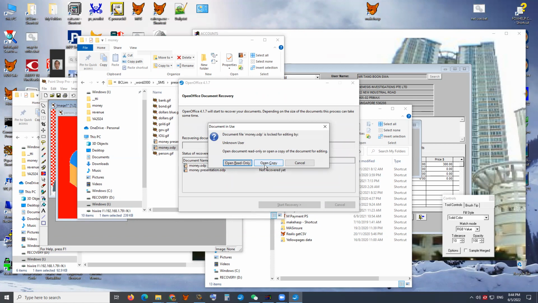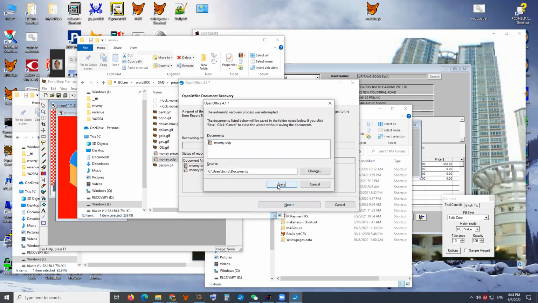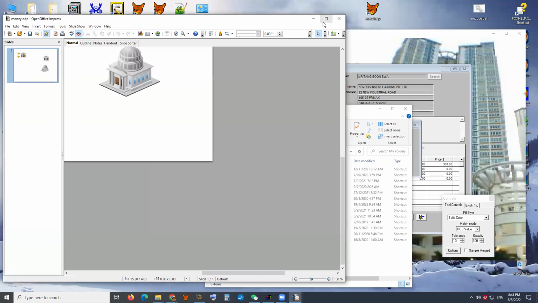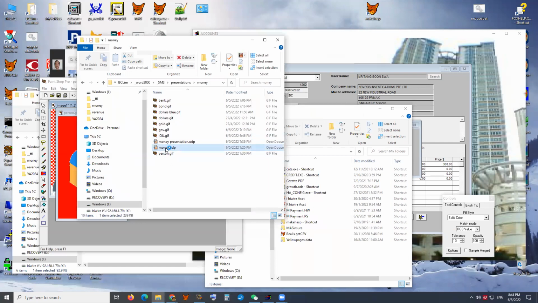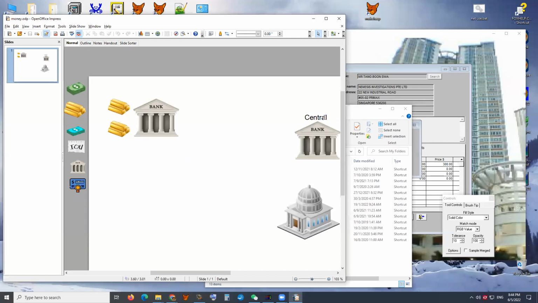Your machine crashed. Not the machine, the software, this Adobe very often crashes.